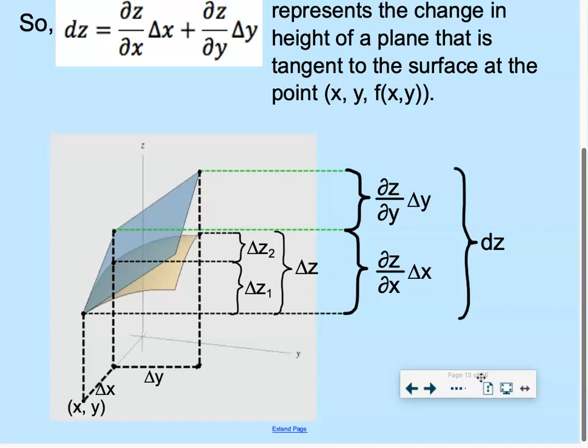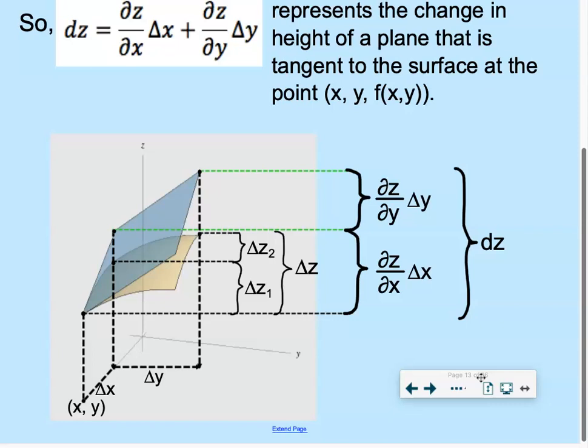We have a point x, y, and we have a point on the function that corresponds to this point. So xy is some point in the xy plane. This is the z value that corresponds to that ordered pair. Then we have a change in x and a change in y.